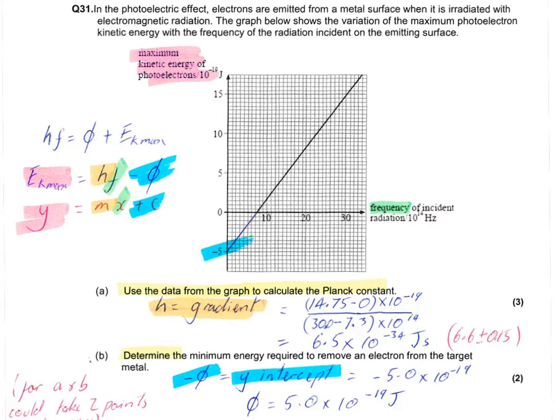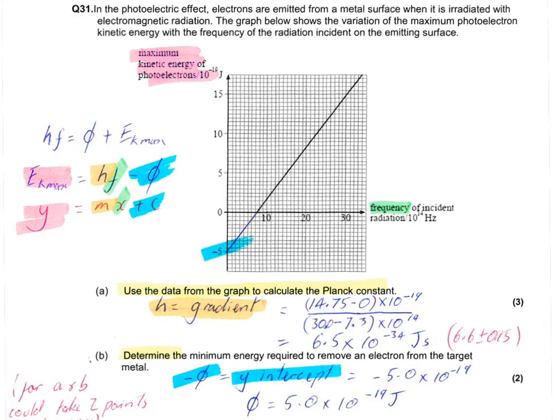Importantly, got to get those powers of 10 in there when I'm reading off a graph. And then I've got 30 minus, and I read off that point as 7.3, times 10 to the 14 hertz. Just calculating that through gave me 6.5 times 10 to the minus 34. Obviously I had to get sensible read-offs. They accepted 6.6 plus or minus 0.15, so between 6.45 and 6.75.